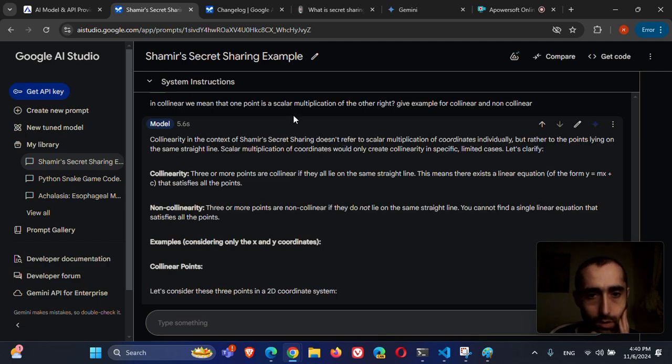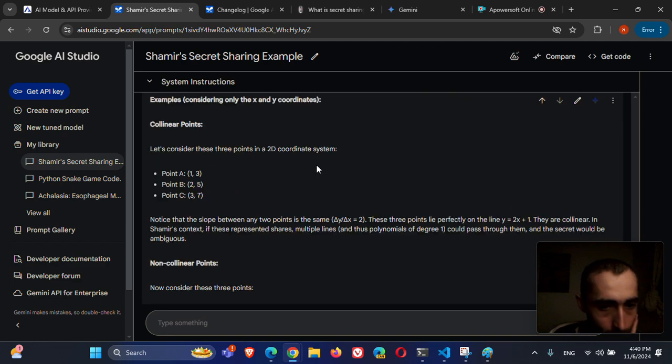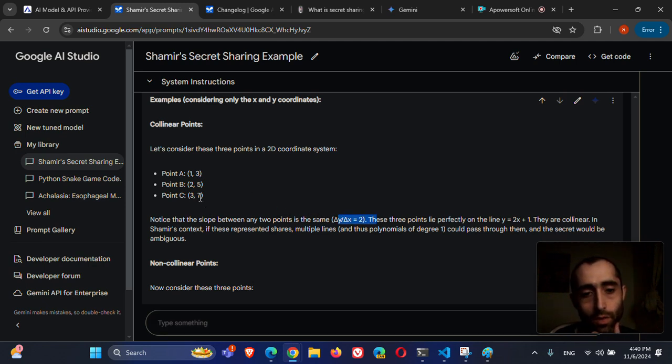Okay, so let's consider 3 points: (1,3), (2,5), (3,7). Note that the slope between any 2 points is the same. So the slope between the 3 is the same, so they are lying on a perfectly straight line. Not scalar multiplication.